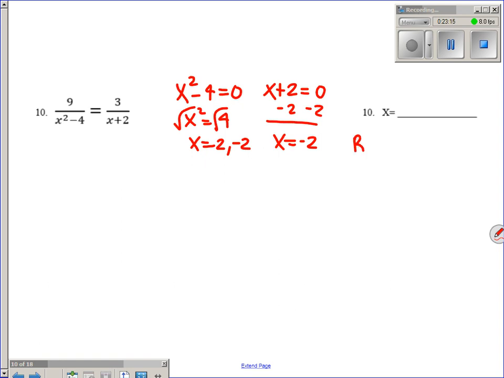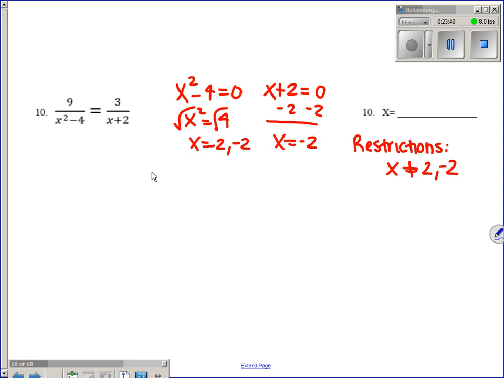So your restrictions are x cannot equal positive 2 and negative 2. So again, we do this so that whenever we do solve the problem, if we get an x value that equals 2 or equals negative 2, we know that it's no solution.